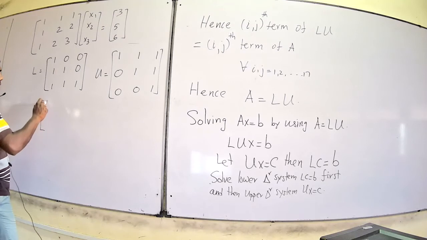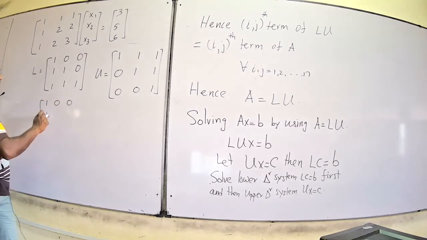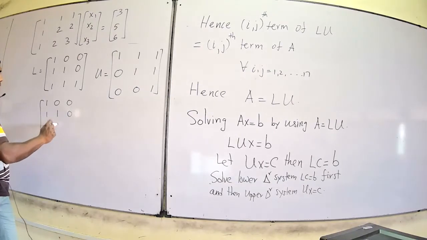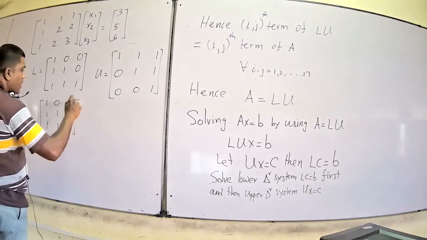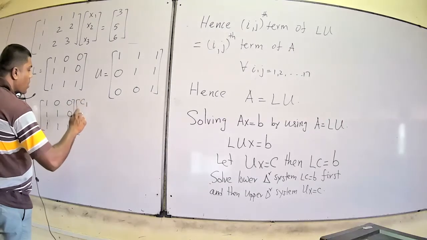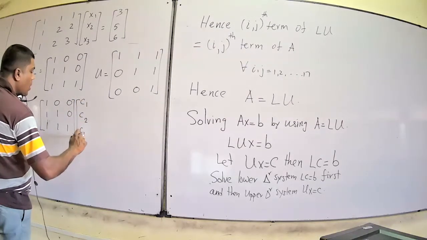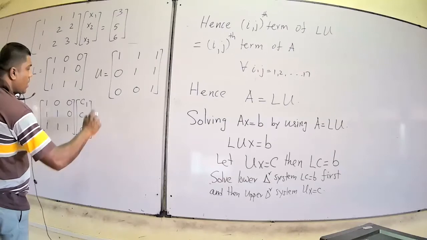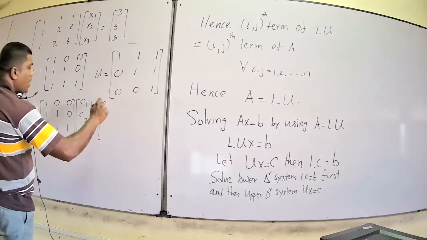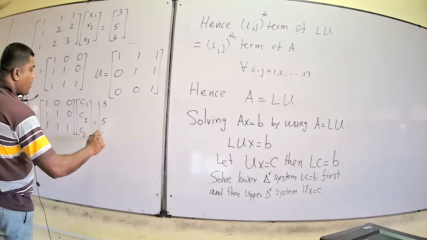So I write 1 0 0, 1 1 0, 1 1 1. C is something I don't know, so I name it C1 C2 C3, is equal to B. B is 3 5 6.